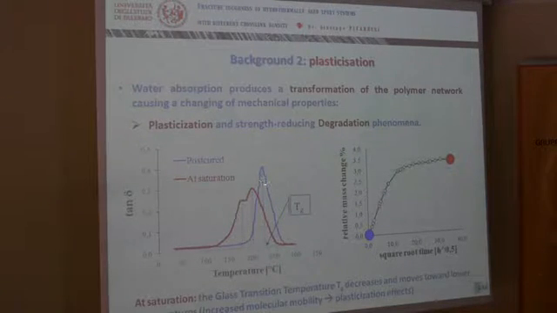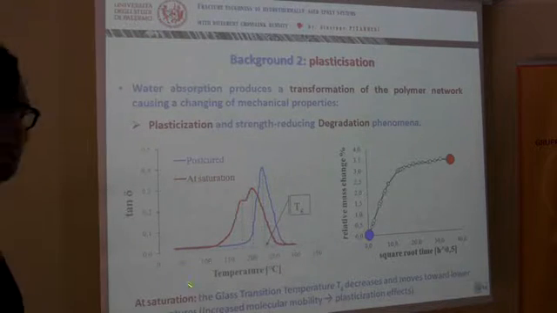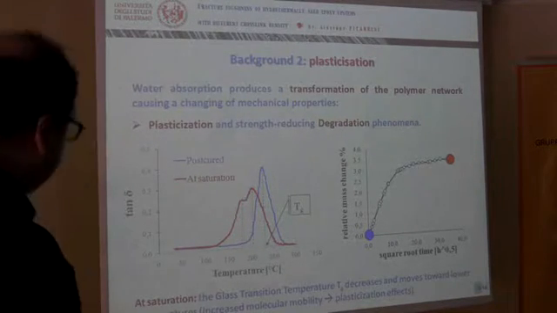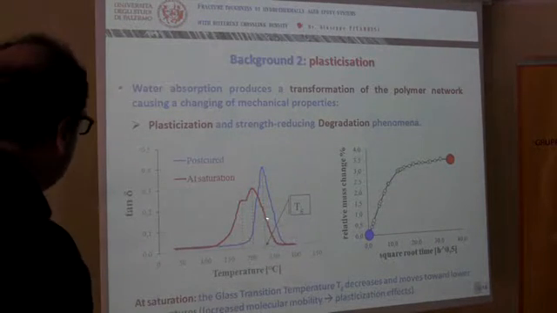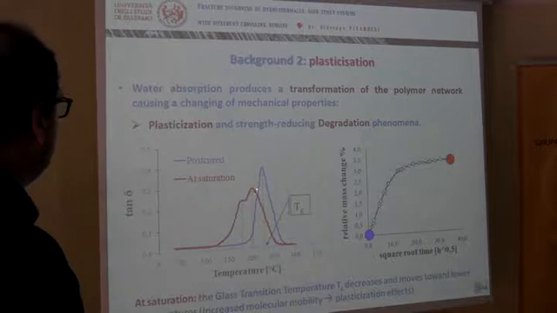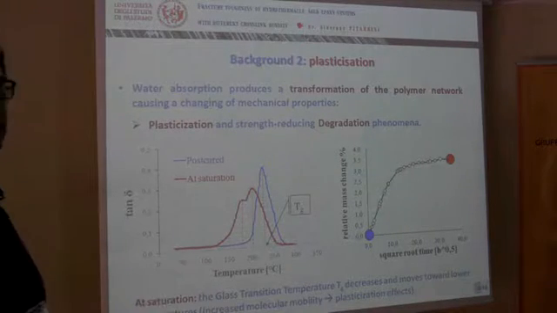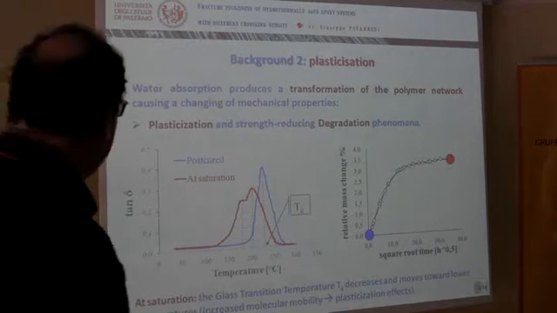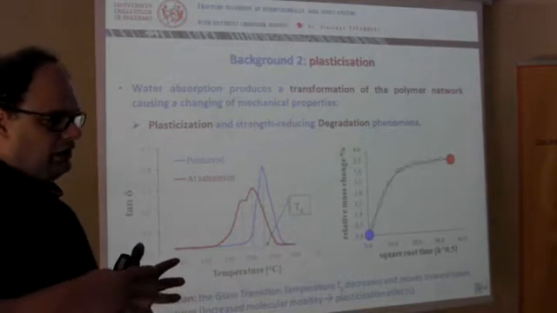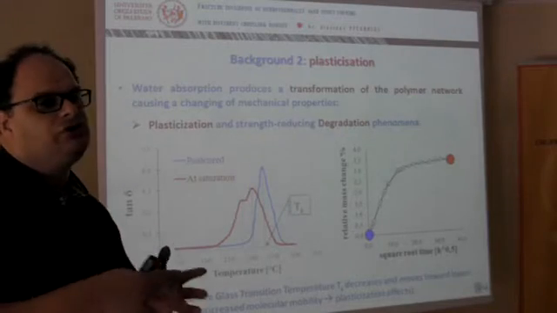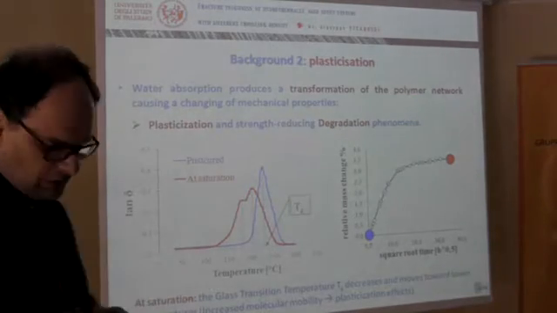As you can see, the curve is moving to smaller temperatures, and the peak of the curve indicates the glass transition temperature. Basically, this broadening of the peak and this decrease of the peak temperature indicates some plasticization effects. The molecular chain is more ductile.